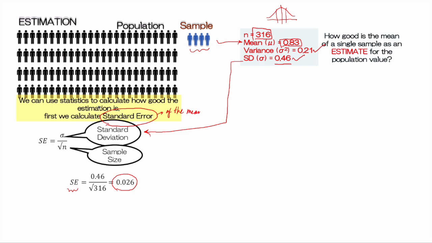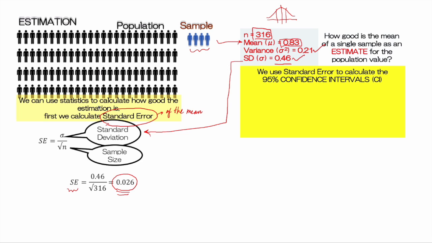We mostly use this value to calculate the 95% confidence interval. The formula is: the 95% confidence interval is equal to mu, the mean of the sample, plus and minus 1.96 multiplied by the standard error that we got from this formula here.